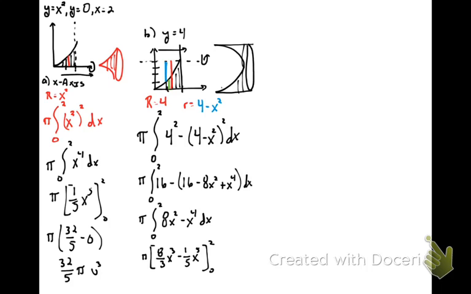I'm running out of room, so substituting in 2, this will be pi times, when we substitute in 2, that'll be 64/3 minus 32/5, minus, when we substitute in 0, we'll just get 0. And cleaning this up, we end up with 224/15 pi units cubed.